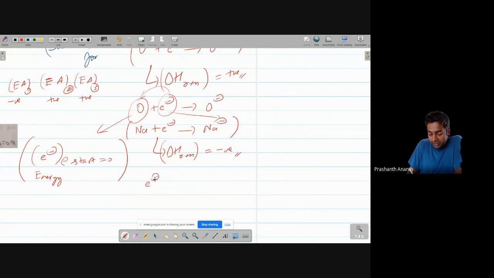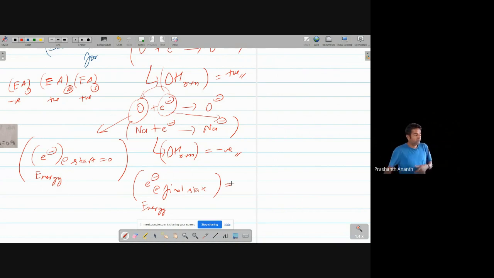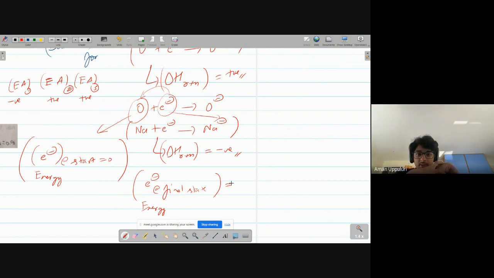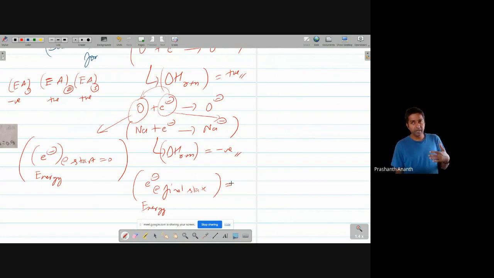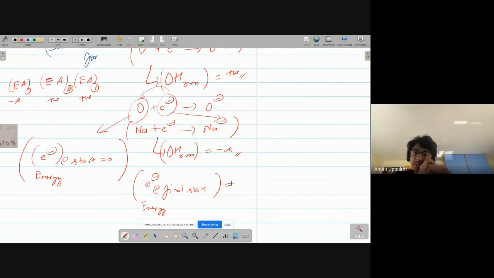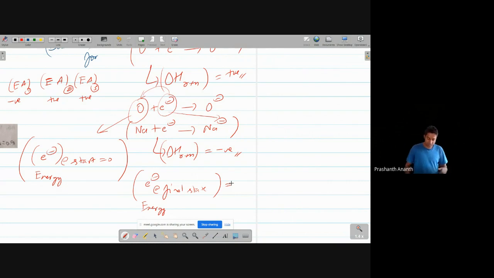What is the energy of the electron at the final state? Positive or negative? It's inside an atom, correct? If it's inside an atom, it is going to be experiencing attractions and repulsions. But what is going to be greater?